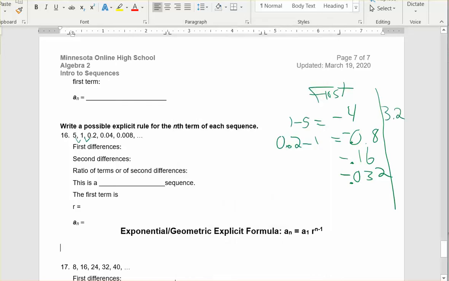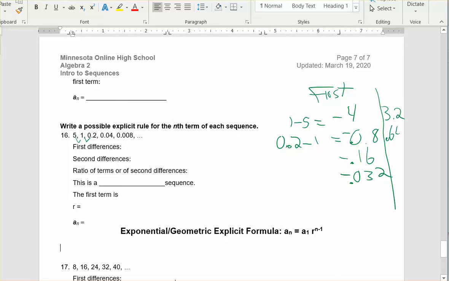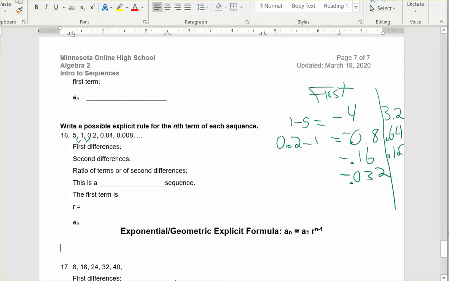And then we're going to take negative 0.16 minus negative 0.8, so that's 0.64, and then we're going to take 0.032 minus 0.16 negative. I hope my calculator kept up with my negative signs here. 0.128, and those are not the same, so this is not a quadratic function, which is what, if those were all the same, would show.